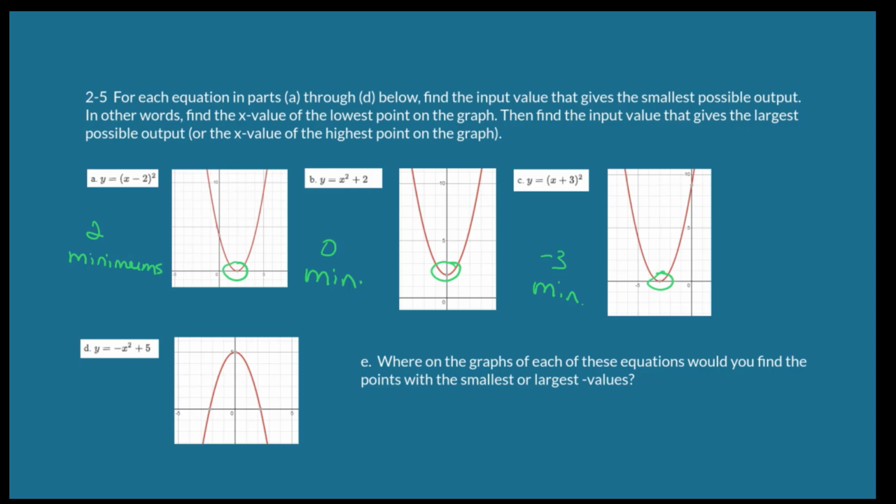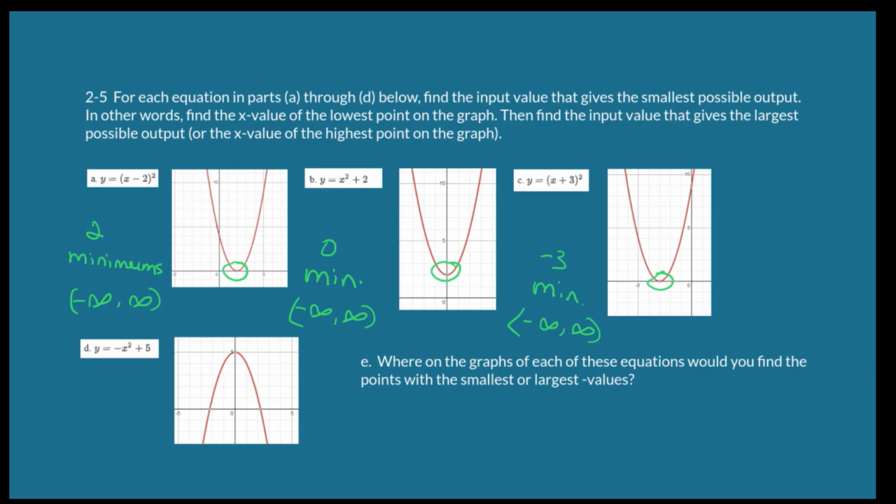Well, on A, B, and C, it's -infinity and positive infinity, in interval notation, that will give you the highest y values. So you're not going to be able to get to an x value that's actually producing the largest y value because you can't get to infinity, but it goes to -infinity and positive infinity.